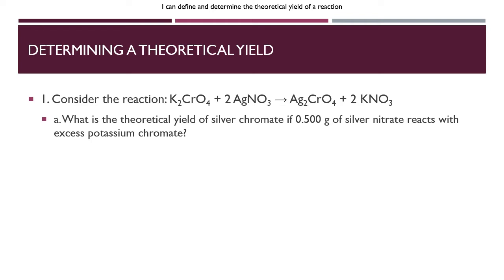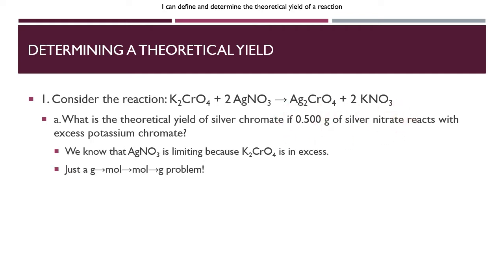excess potassium chromate? Well, the fact that we're told that the potassium chromate is in excess tells us that the silver nitrate is limiting. So this 0.5 grams of silver nitrate, that's what will determine how much product can form. So that's what will determine our theoretical yield. So in other words, this is just a gram, mole, mole, gram problem that we've been doing for some time now.